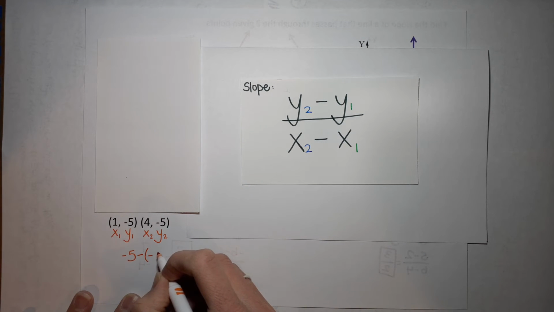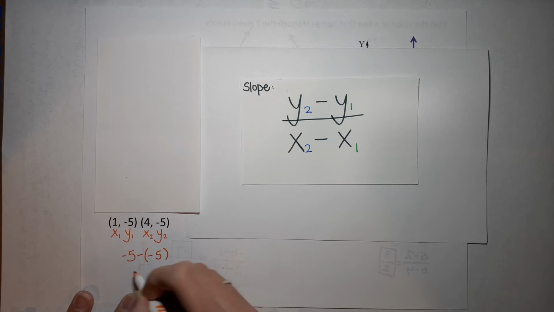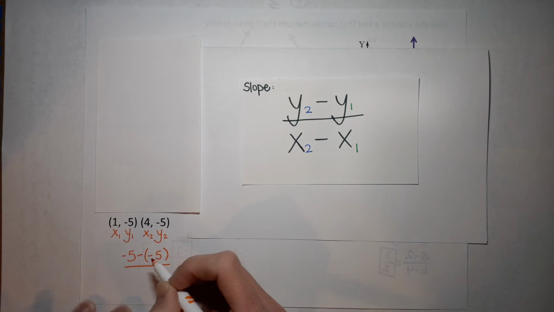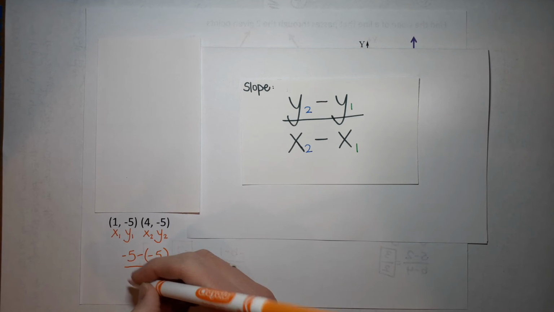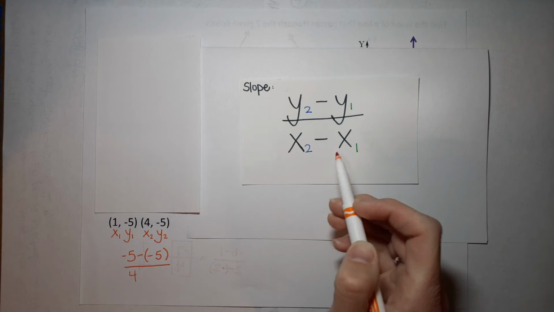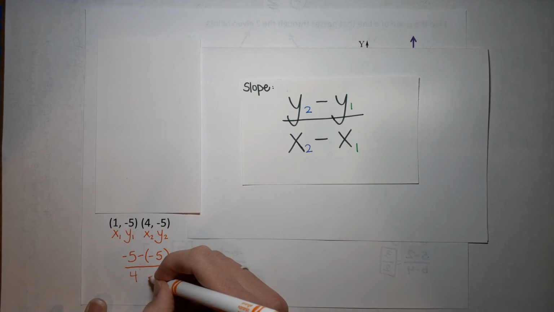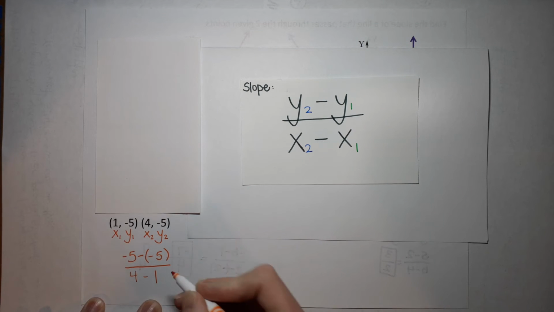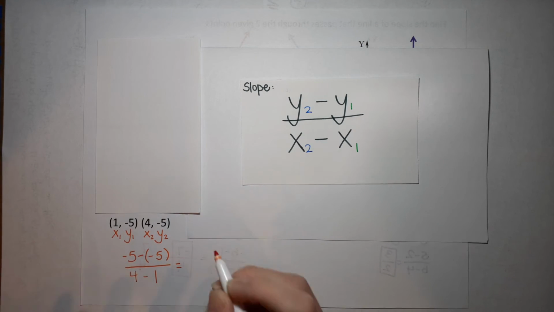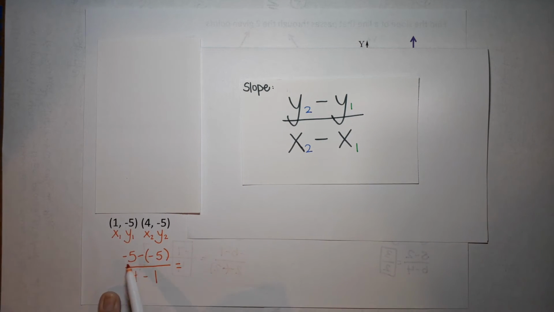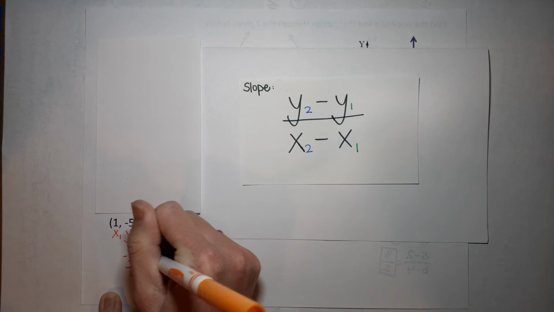Remember, we don't need to be scared of this. We're subtracting a negative. Just need to remember to write them both. All right, x2 is 4 minus x1, which is 1. All right. We've got -5 minus a -5. We talked about that. You're not grounded anymore.